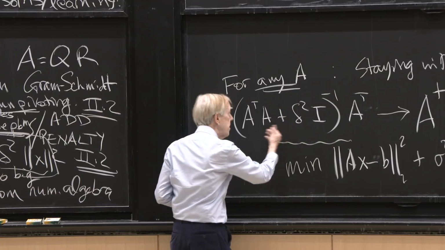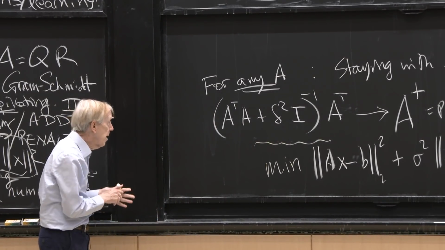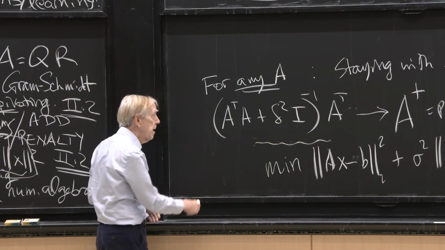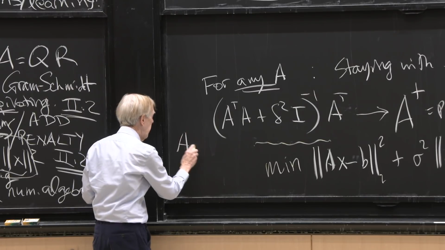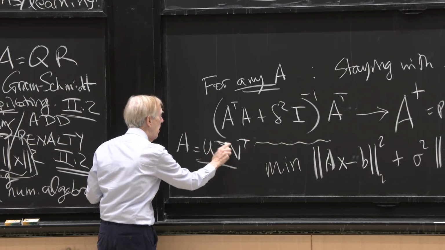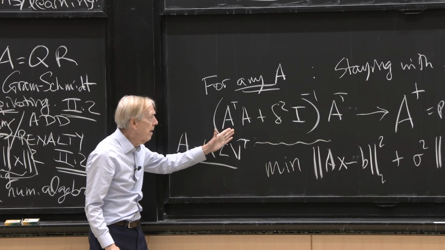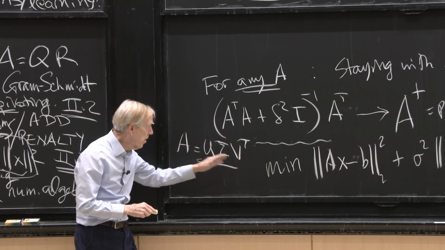I can write this in terms of the SVD. I just plug in A equals whatever the SVD tells me to put in there, U sigma V transpose. Plug it in there, simplify it using the fact that these are orthogonal.